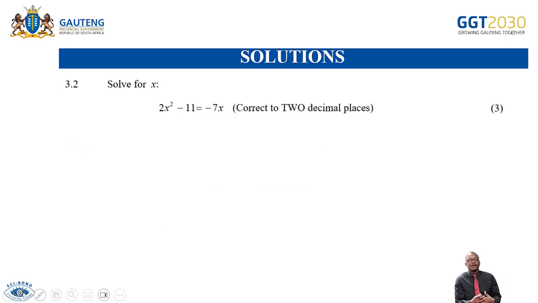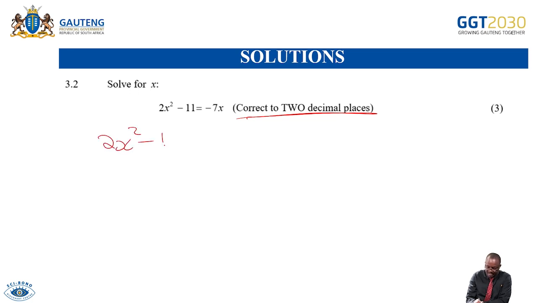So now we have 3.2, solve for x. Remember I said the minute they say correct to 2 decimal places, it means you must use your quadratic formula directly. Then now we are going to have 2x squared minus 11 is equal to 7x. One thing you need to know is that you can't solve it when it's not in the standard form.